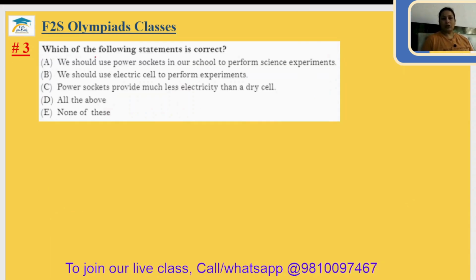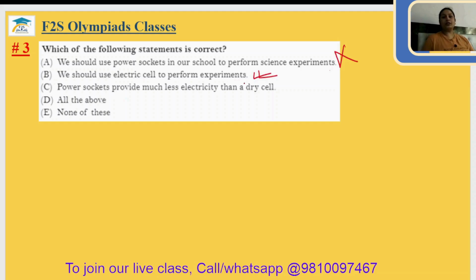Question number 3. Which of the following statements is correct? We should use power sockets in our school to perform science experiments. No, we should avoid using power sockets. Why? Because there is AC current and it can give you a shock. We should use electric cells to perform experiments.